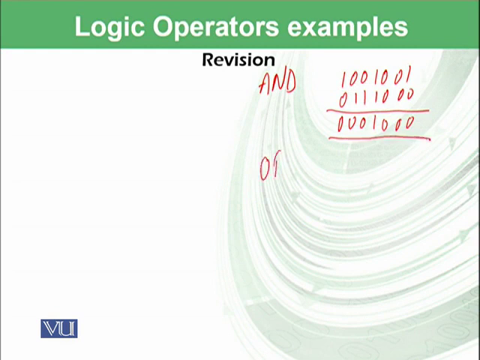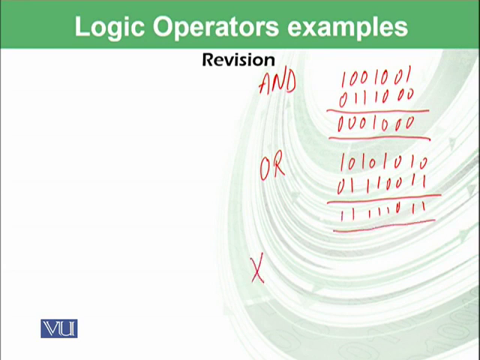Similarly, you might recall the OR operation with a similar bit pattern. It will give 1 when any of the inputs is 1 or both of the inputs are 1, but it will give 0 when both of the inputs are 0.